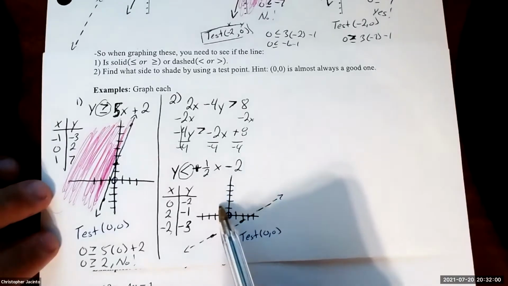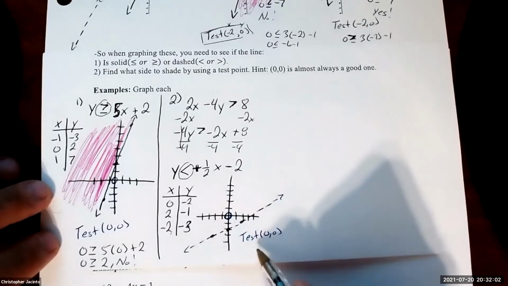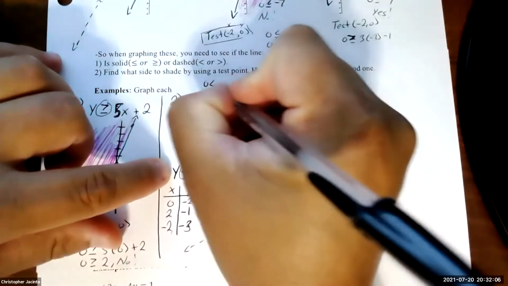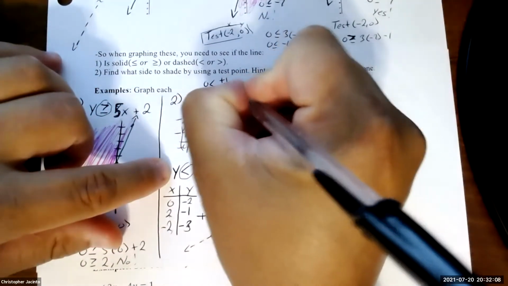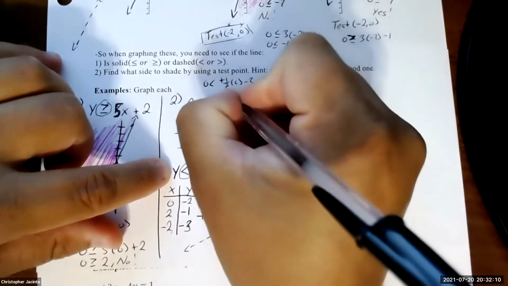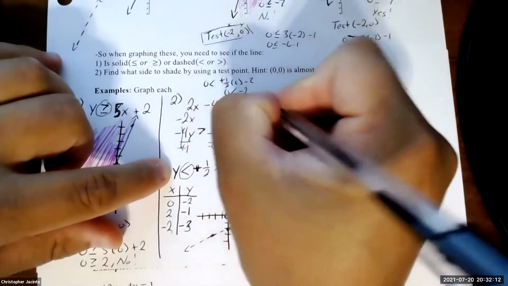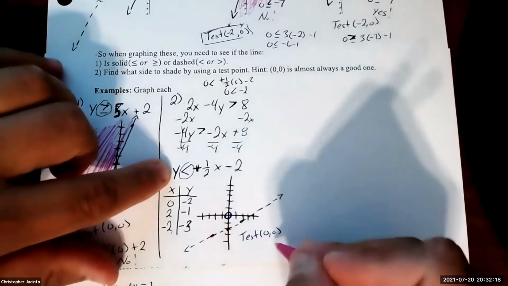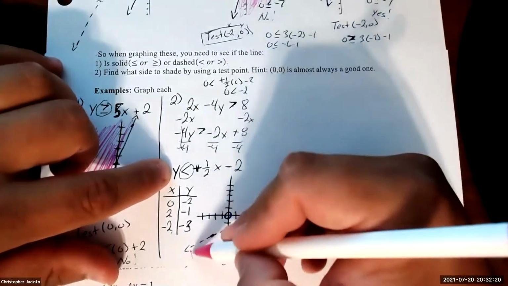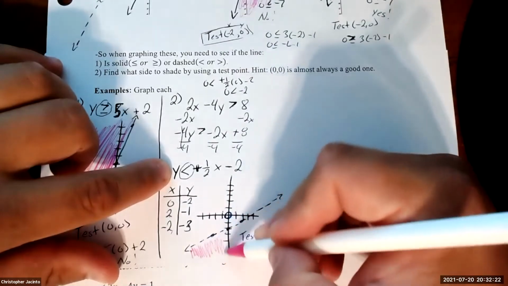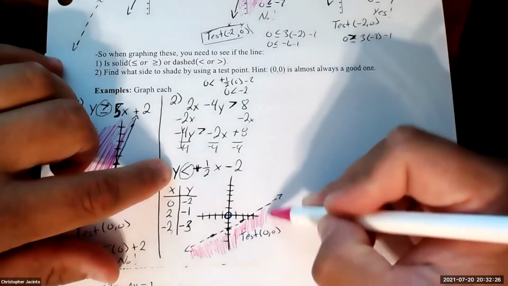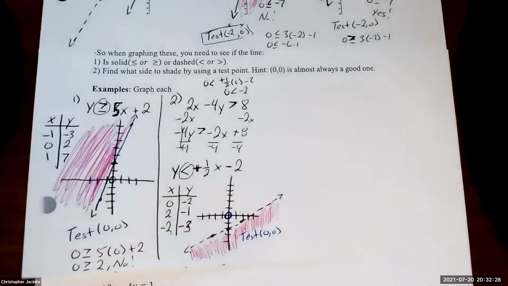It's up or down, which is a cool thing. So if you plug this in here, we get 0 is less than 1/2 times 0 minus 2. And this is not a true statement, right? 0 is not less than -2. So, yep, we're shading below, or you can say to the right. That's technically to the right. So it's going to be shading all of this. There you go.